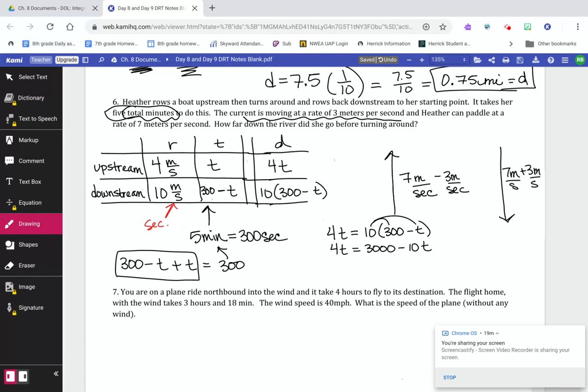I'm going to add 10t to both sides. I'll get 14t equals 3,000. And then when we divide by 14, your time is equal to, well, let's divide and simplify them both by 2. So 1500 over 7. And we have seconds.